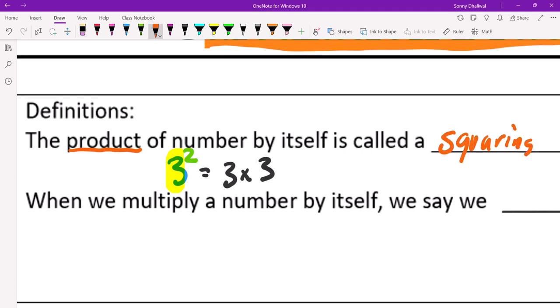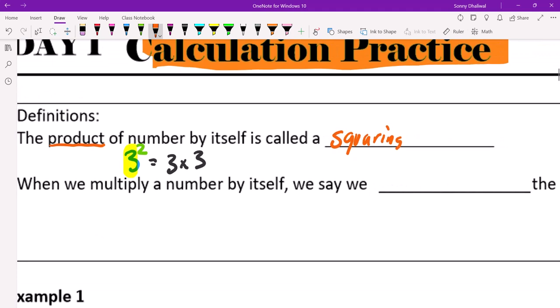Okay, Max, write this down, bud. So you can say 3 with the exponent 2, but the shorthand way we say is 3 squared. We're squaring 3, and it means 3 times 3, which we call a square. Sorry, I got ahead of myself.